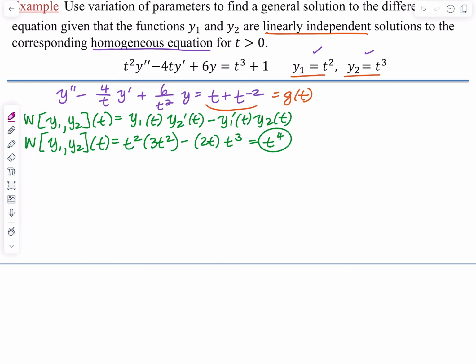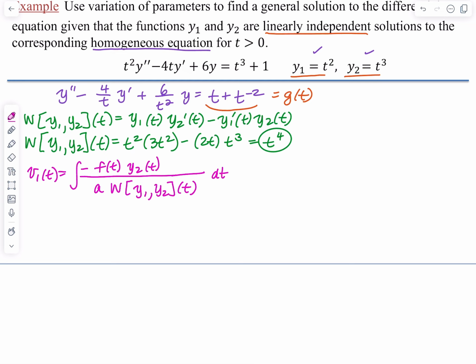So keep in mind that these integrals that we used, v1 of t, were equal to the opposite of the integral of f of t, y2 of t, divided by a multiplied by that Wronskian. I'll just put that a right in front of that, dt.